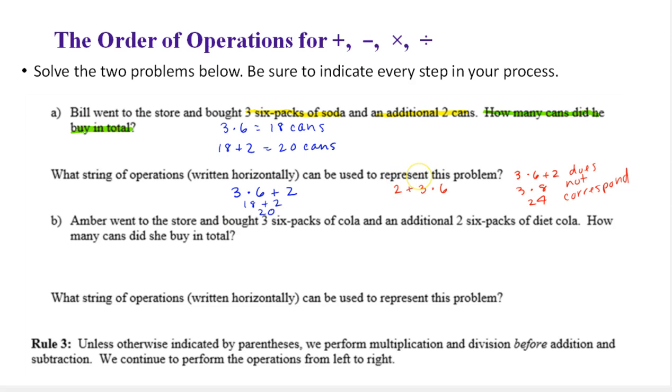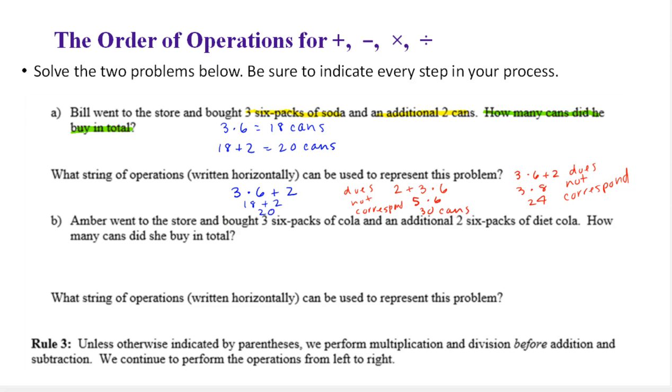Well, 2 plus 3 is 5. And 5 times 6 is 30. And notice this also does not correspond to our original problem. Okay. This would be like if we were buying 5 6-packs instead of 3 6-packs with the 2 additional cans.